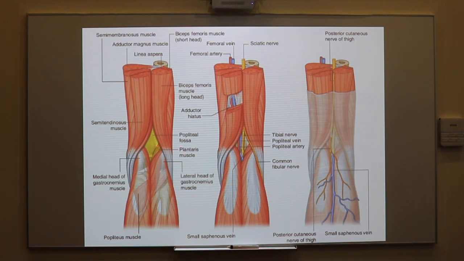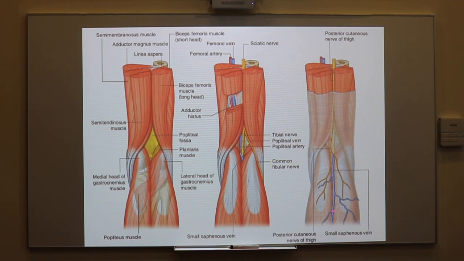If you remove the popliteal pad of fat, then you can see the three major contents: the tibial nerve, the popliteal vein, and the popliteal artery. On the lateral aspect, you can see the common peroneal nerve. Can you make that out?